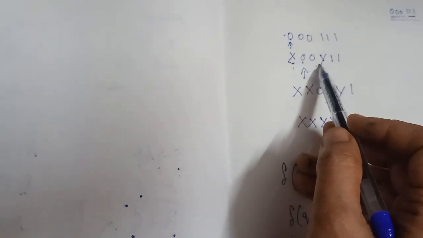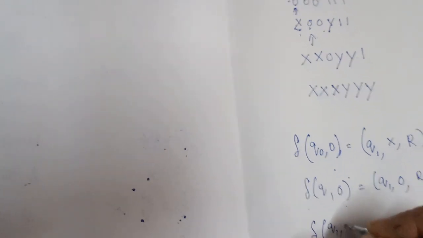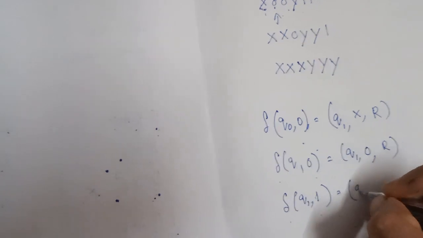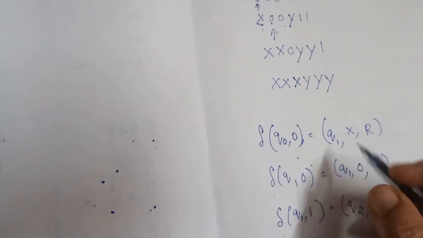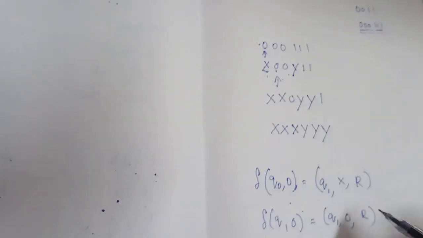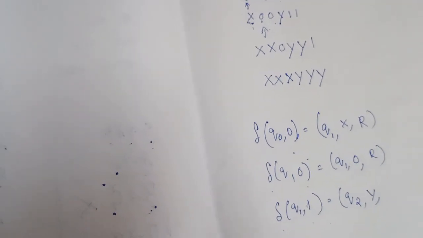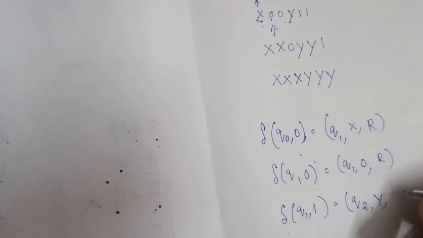Any number of zeros, just read it and move to right. So whenever I see 1, delta of q1 on 1, replace that with y and the state will change. So q2, 1 is replaced with y.